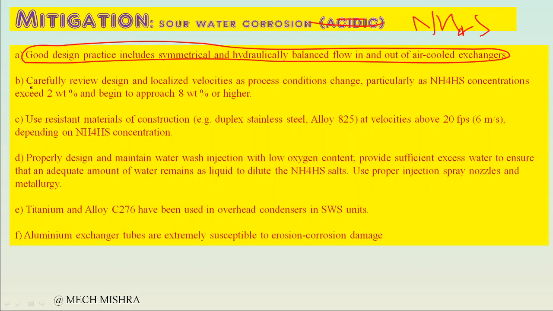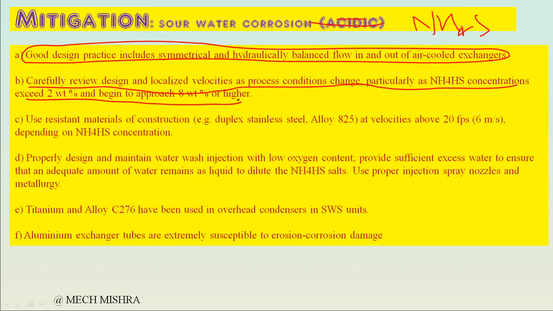Then B is to carefully review the design and localized velocity as process conditions change, particularly as ammonium bisulfide concentration exceeds 2% and begins to approach 8% or higher. So when ammonium bisulfide exceeds 2%, we have to review our system. We have to see whether anywhere the localized velocity is getting increased or getting very low.